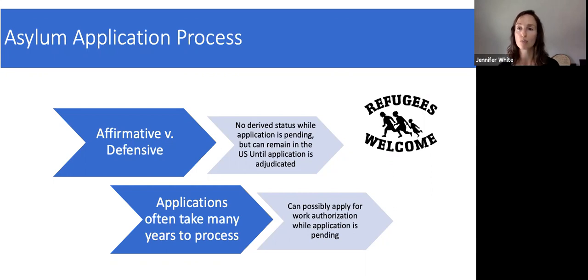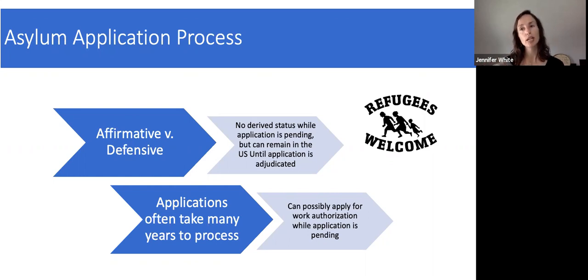It's honestly more intimidating because it's in a courtroom. So you have a judge, you have the ICE attorney that's prosecuting the immigrant, you have the immigrant, and if they're represented, their advocate. And in a defensive scenario, it's more stressful for the client because they're going to be cross-examined by ICE. There's a judge there that's likely going to interrupt their direct examination. So it's just a completely different setting.